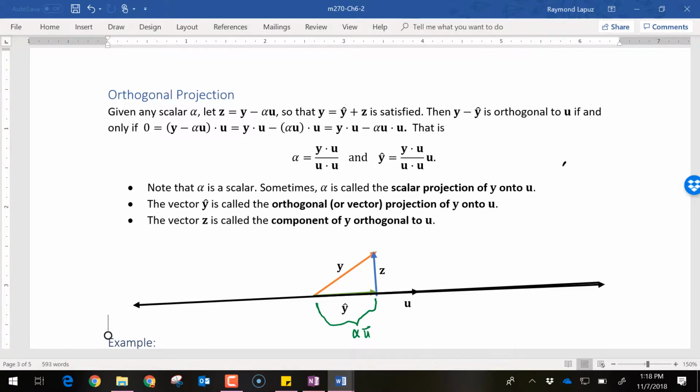It doesn't say that, but y hat is equal to alpha u. Because you might be in 3 and 4 dimensions, and then that could get a little bit more difficult to deal with.